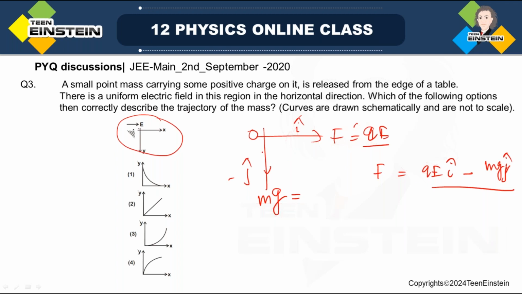The particle will have both these components, so it will actually move like this in a straight line. Why am I showing a straight line? Because of the acceleration. Let us find out. The acceleration will be QE by m.